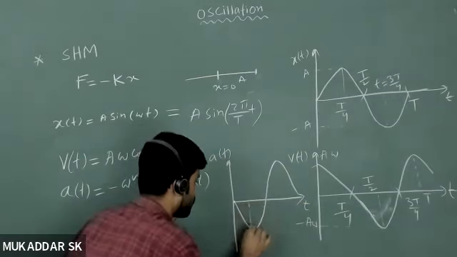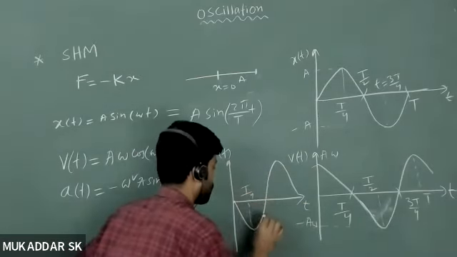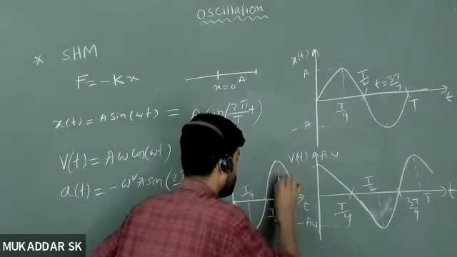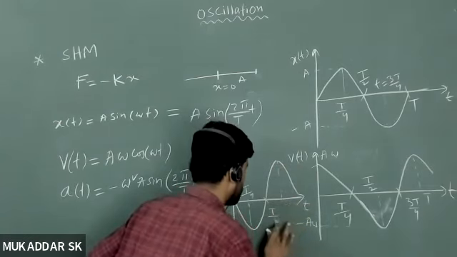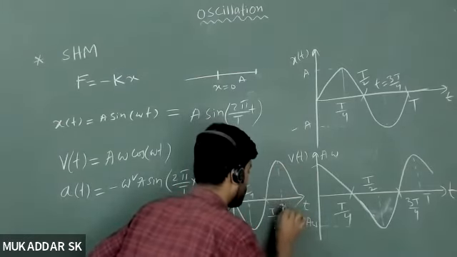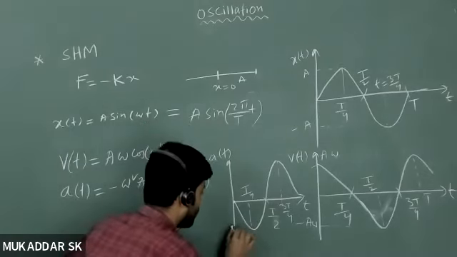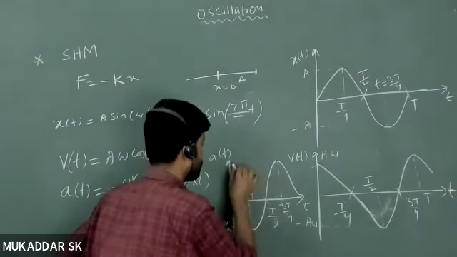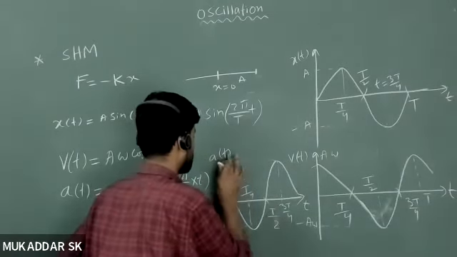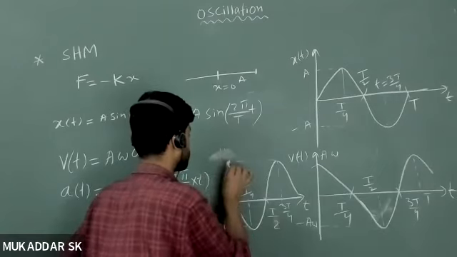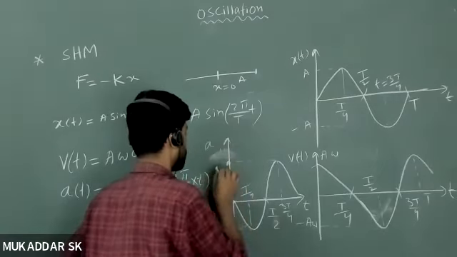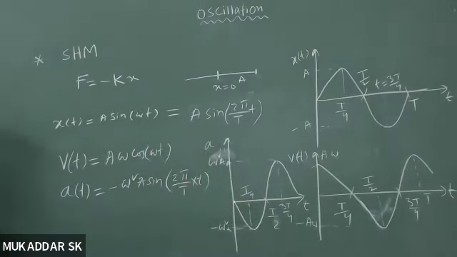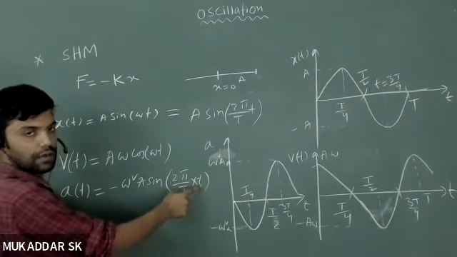So this point corresponds to T/4. This will be your capital T/2, and this will be 3T/4. Okay, and this magnitude is actually minus omega square A. This will be your plus omega square A. Just substitute that limit, small t.